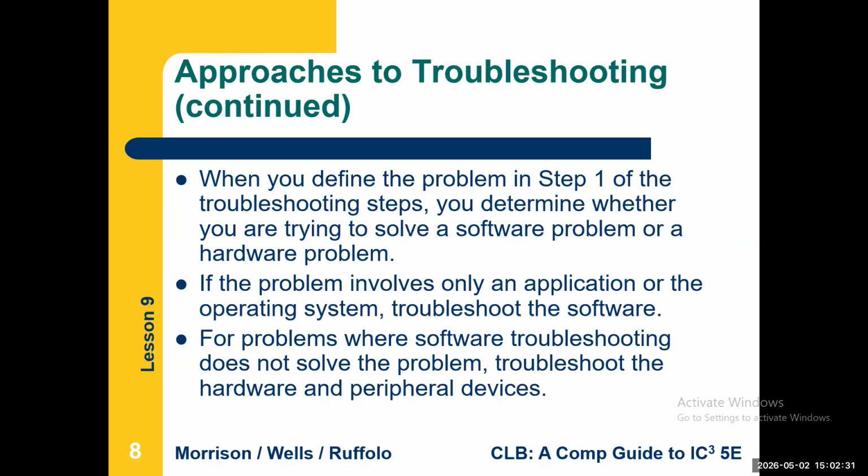So when you define that problem, it is either a software issue or a hardware issue. Sometimes the hardware that you are trying to install on your computer system is faulty, or the drivers are not compatible with your operating system. So through the problem definition during your troubleshooting stage, you try to see whether it is a hardware issue or a software issue.